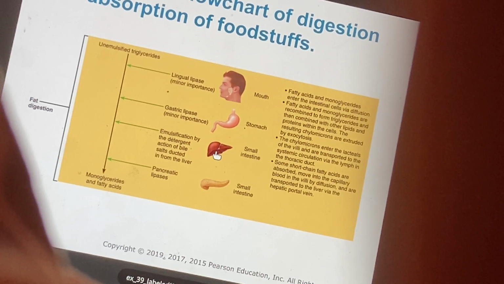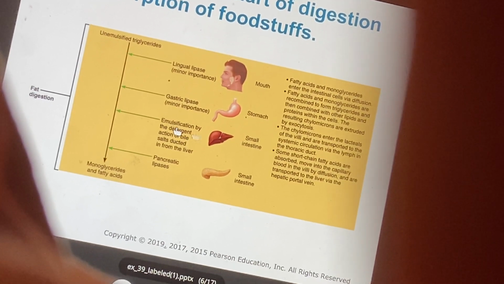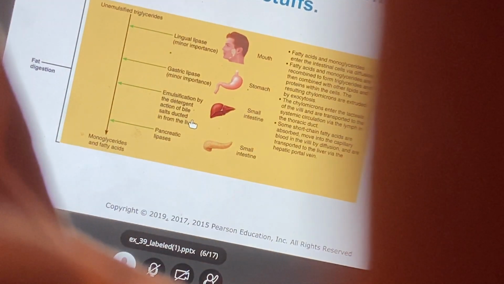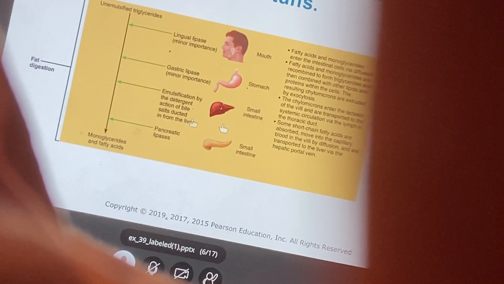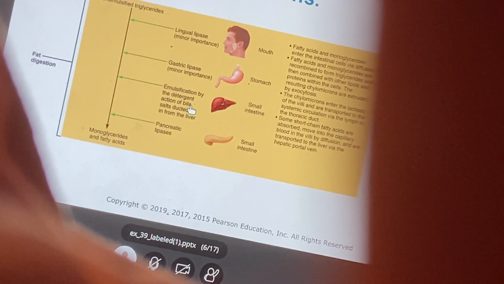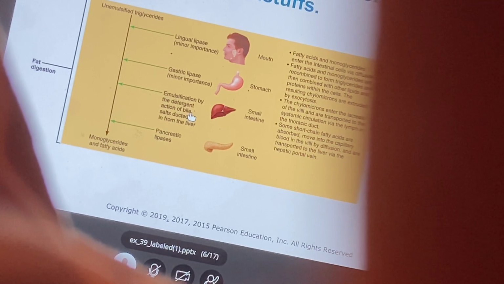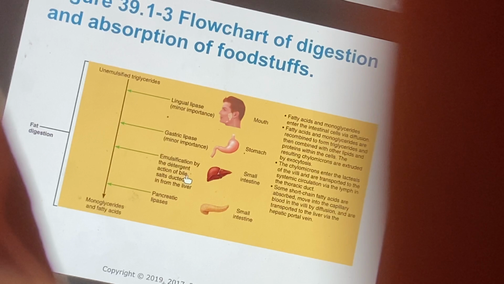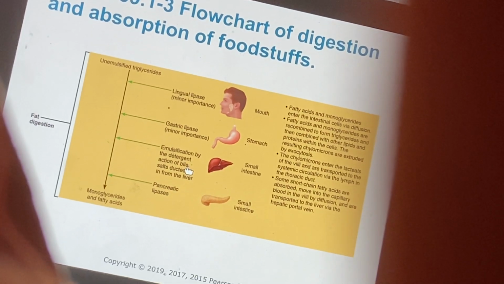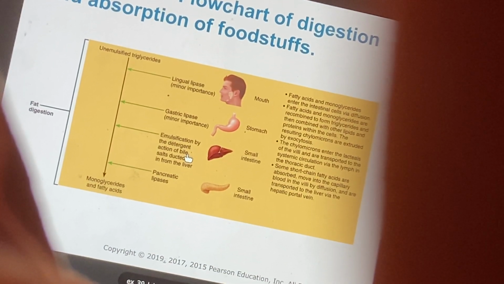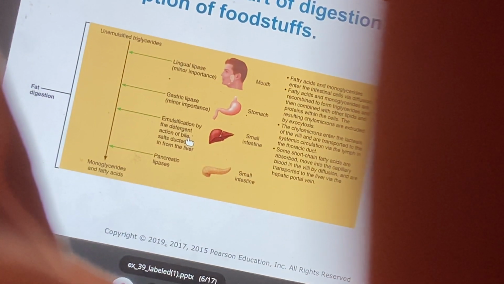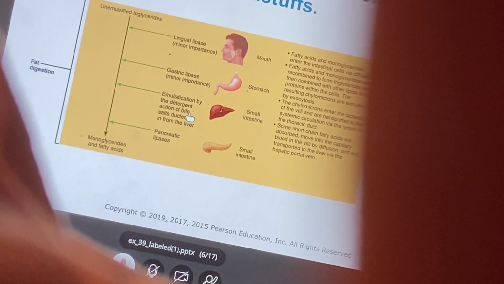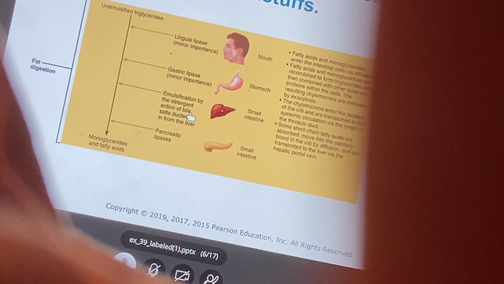Okay, so it says there, emulsification by the detergent action of bile salts, which is added in from the liver. When I say detergent action, if you wash dishes, you know what we mean. If you put a liquid soap in oily water when you wash the dishes, it will clear out the surrounding wherever that detergent is.